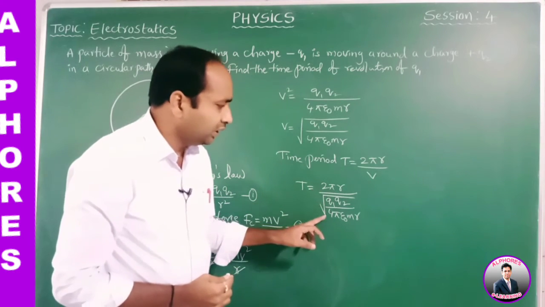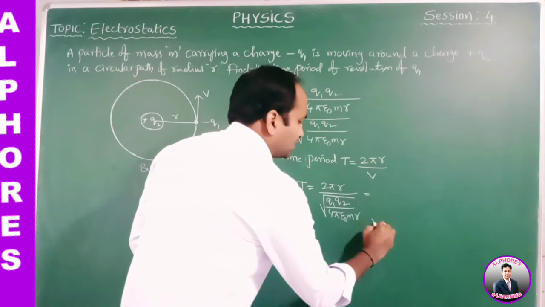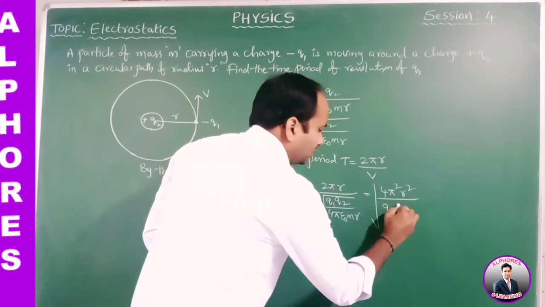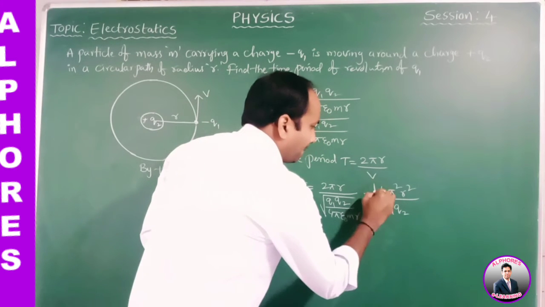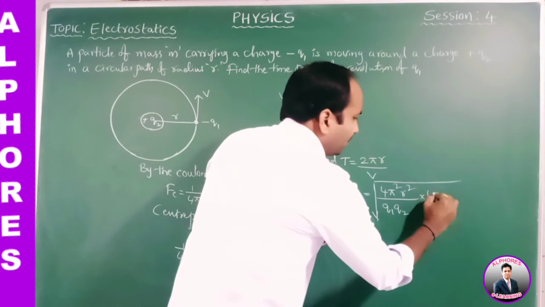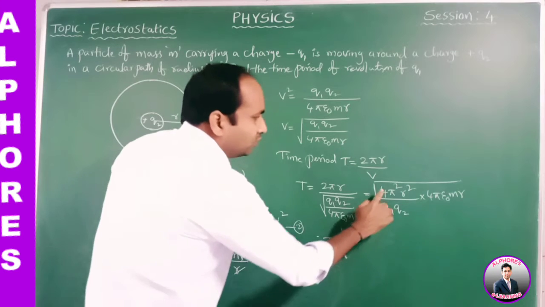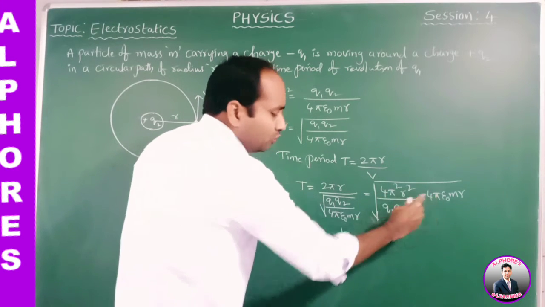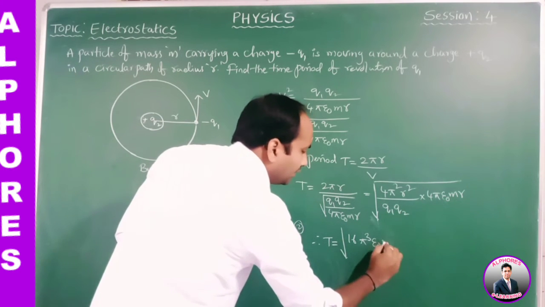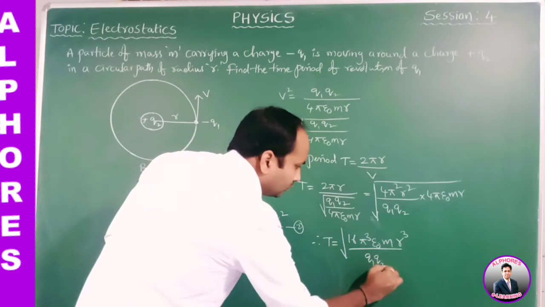Now here in the denominator the root is there. So the 2 pi r inside the root becomes 4 pi r square, under root of 4 pi square r square by q1 q2, and 4 pi epsilon naught mr comes to the numerator into 4 pi epsilon naught mr. Therefore time period T is equal to 4 into 4, 16 pi square into pi cube epsilon naught m r square into r cube by q1 q2.